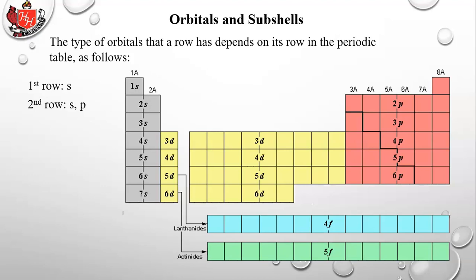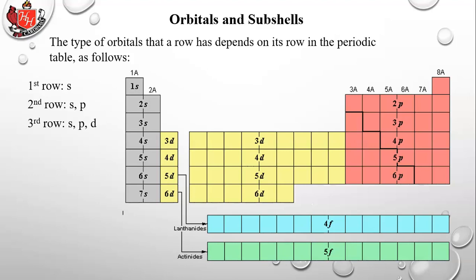So everything boron, carbon, nitrogen, oxygen, fluorine, and neon have a 1s orbital, a 2s orbital, and a 2p orbital. Now when we get down to the third row, it has an S, P, and D orbital.